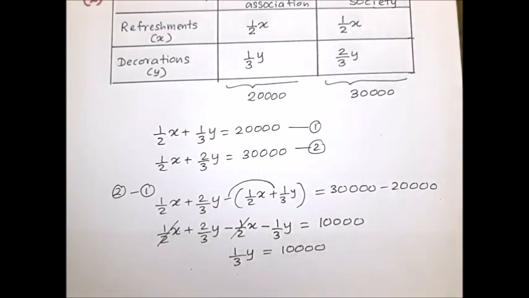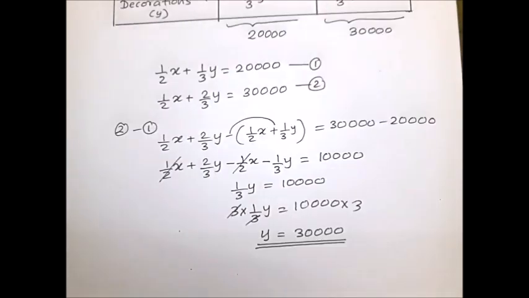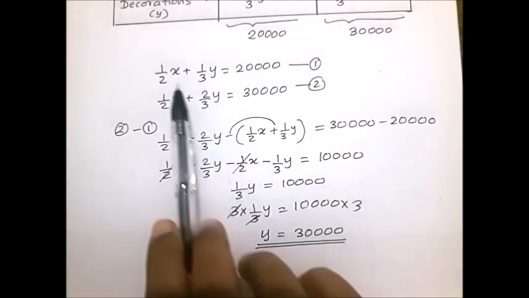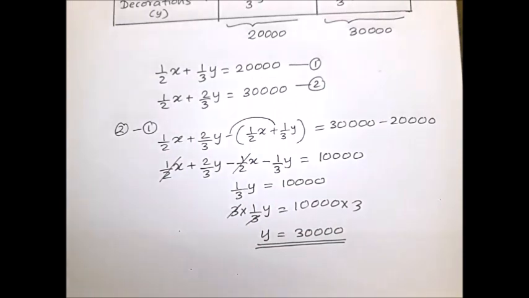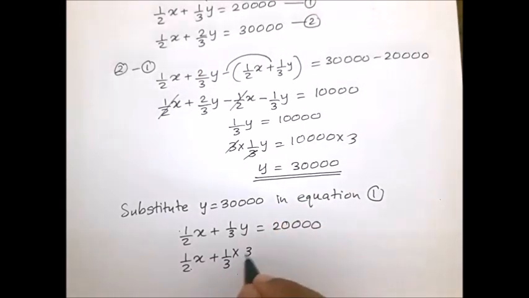1/3 Y equals 10,000. To find Y, you can multiply both sides by 3. Here it cancels 3. Then Y equals 30,000 rupees. Now I am going to substitute this value for Y in equation number 1. Half X, 1/3 of Y, substitute 30,000 here.